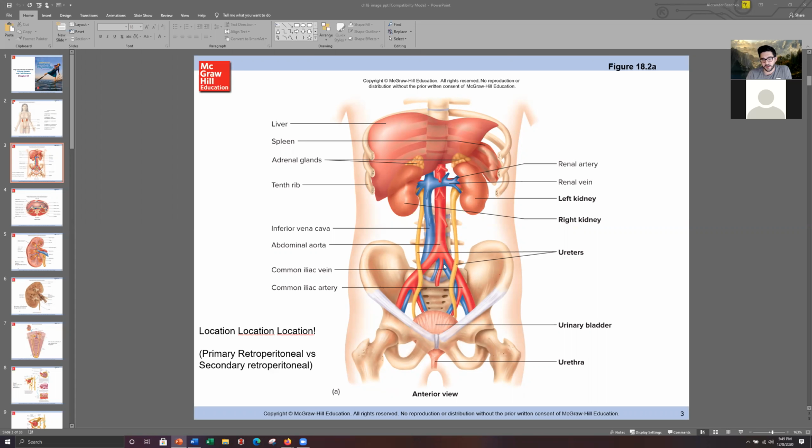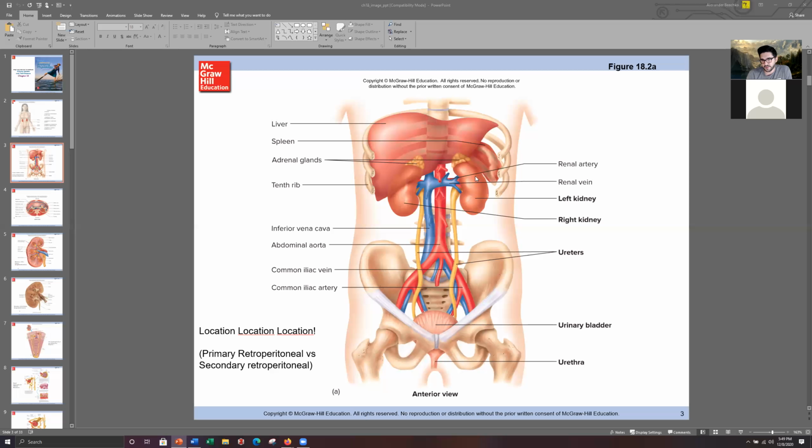Our right and left common iliac arteries here sit on top of the right and left common iliac veins right here. But notice here that with the renal veins versus the renal arteries, the veins sit on top of the arteries. I mean, it's kind of anecdotal. Like I said, it's not necessarily a test-worthy note, but it's just kind of interesting, some of this variation in human anatomy.